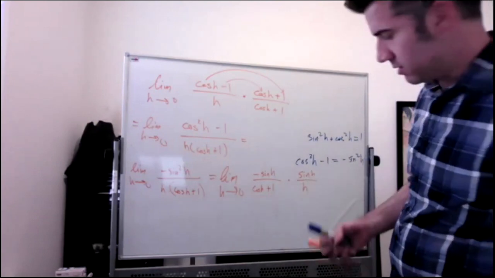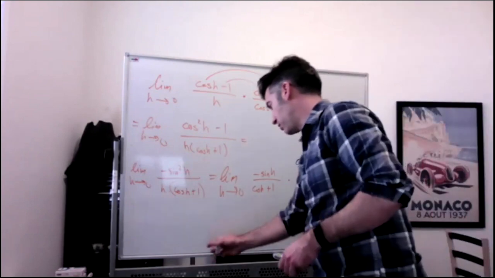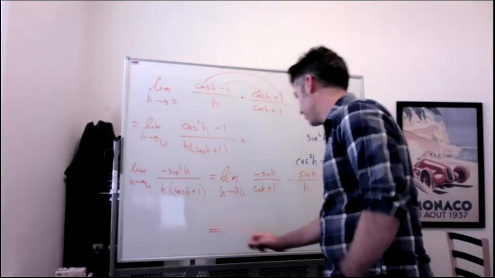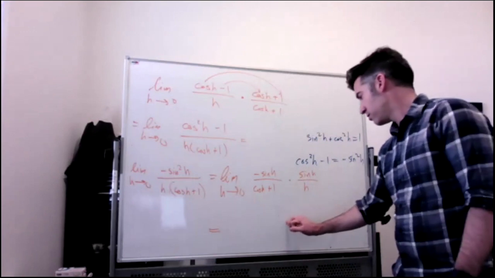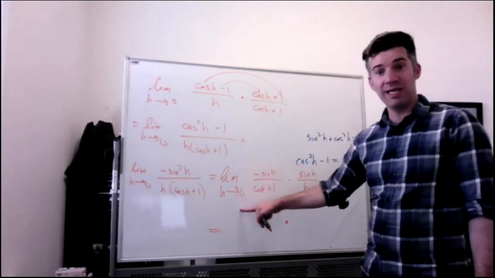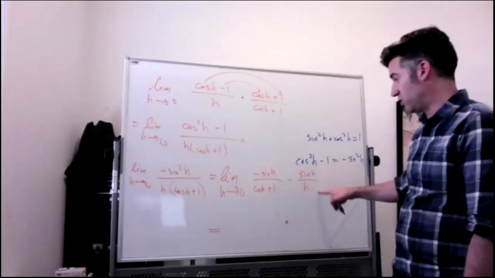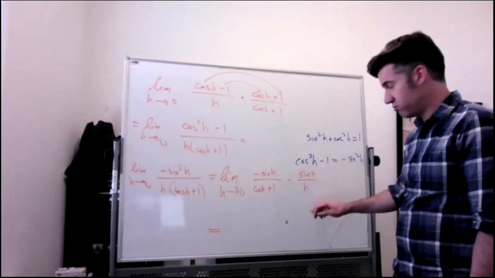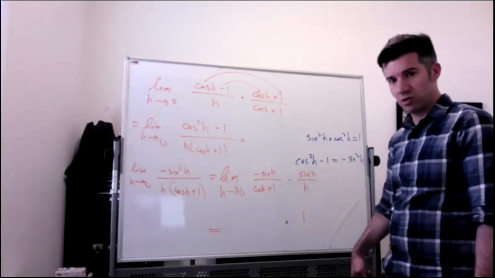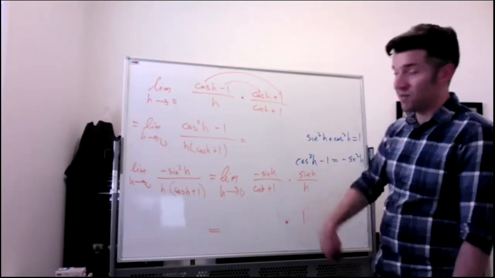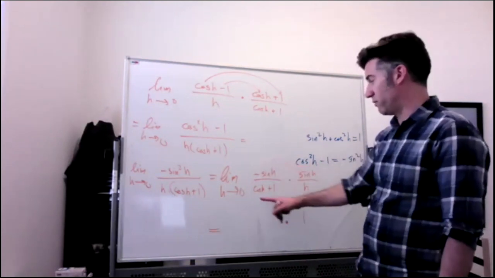All right, so now for the final, or the finale, as people actually say. What's the limit as h goes to 0 of sine h over h? 1. Good old 1. What's the limit as h goes to 0 of negative sine h over cosine h plus 1?